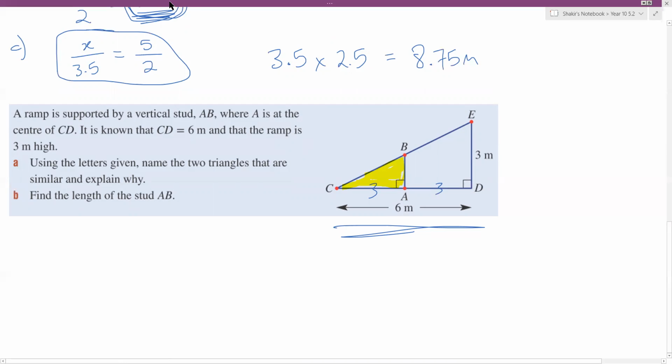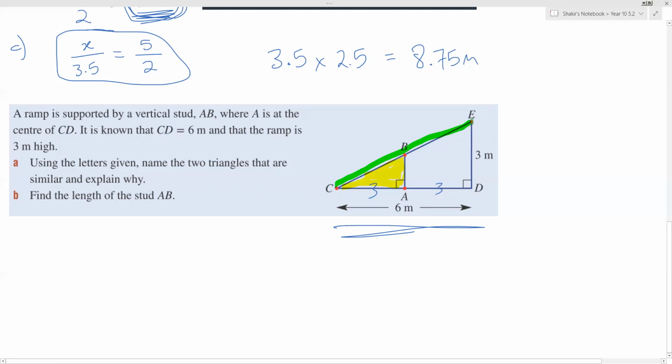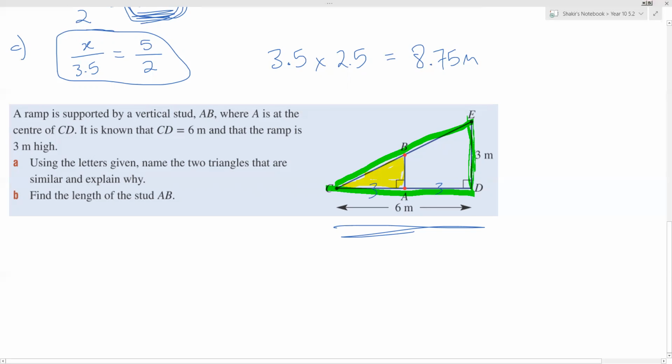And then you also have the big triangle there. And they're going to be similar. Why? Well, for starters, we know that this is a common angle. This angle is in both triangles, and then we also know that that is a right angle there and a right angle there. So it's equiangular, 3 angles rather.